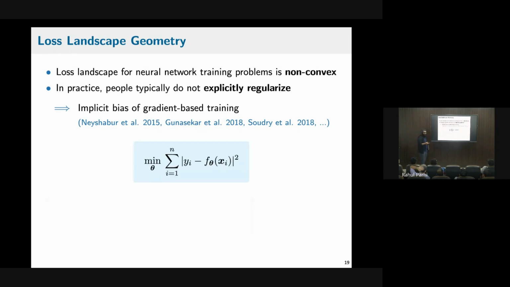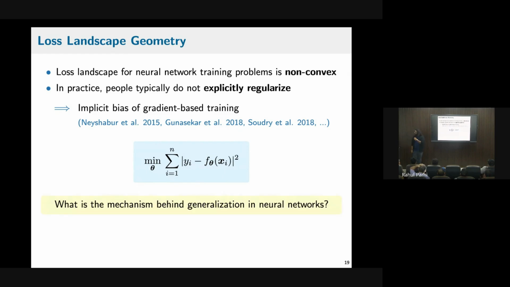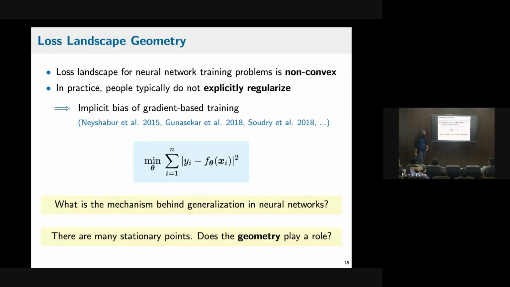And so this is really the optimization problem of interest. So again, f theta here is a one hidden layer neural network, and now least squares loss, and let's have no regularization. So this is really the problem of interest if you want to move a little bit closer to practice. So then you can start asking questions like, okay, what is the mechanism behind generalization in neural networks? There's many stationary points.